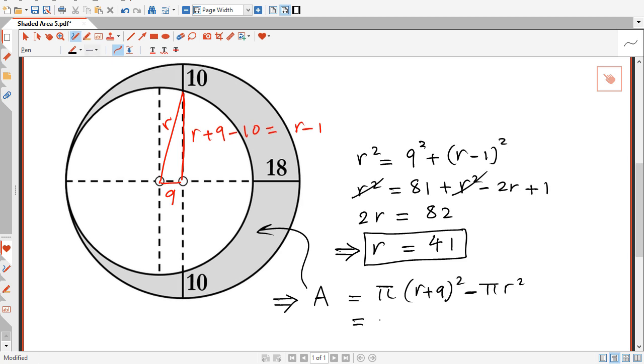And that's going to give us pi, r is 41 plus 9, that's 50 squared. If we take pi as a common factor, that's going to give us r squared here is 41 squared. If we calculate that, that's going to give us 819 pi square units.